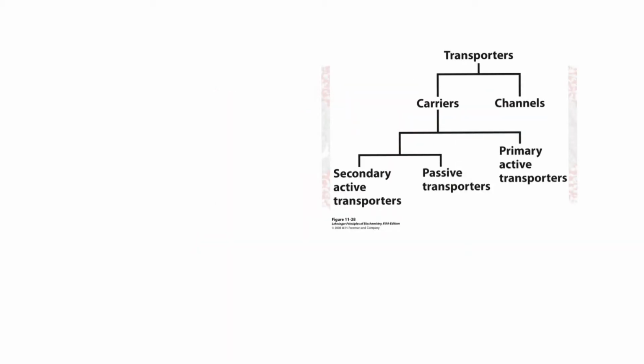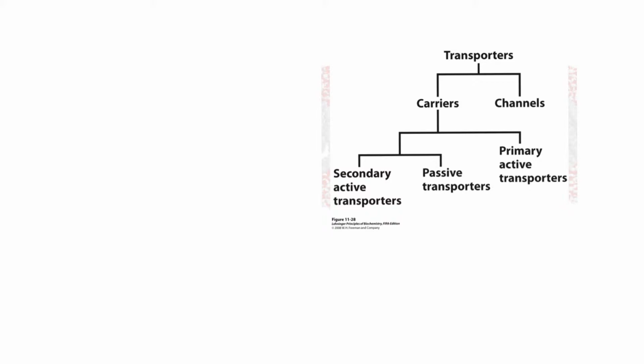All right. And so for the transporters, I like this flow chart that's in your book just because it divides it up. It's pretty simple to follow. You can imagine that there are two broad classes, the carriers versus the channels. A carrier is one that's going to be aiding the solute to get across.